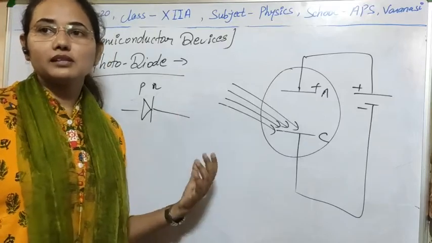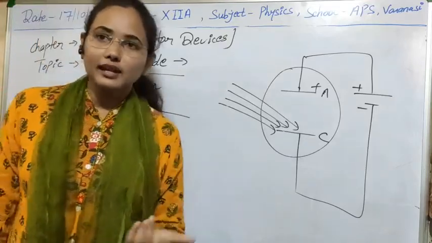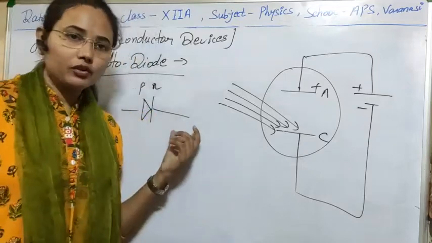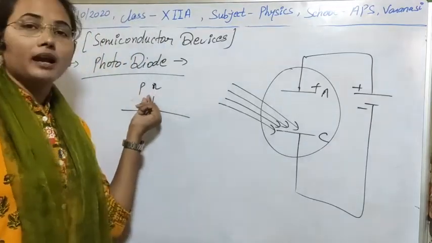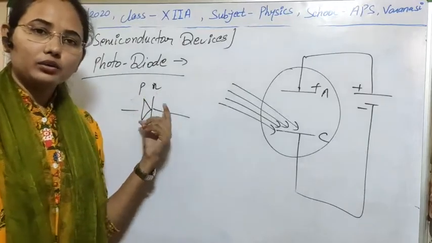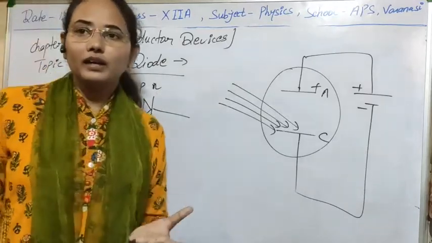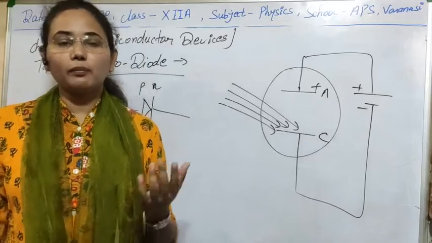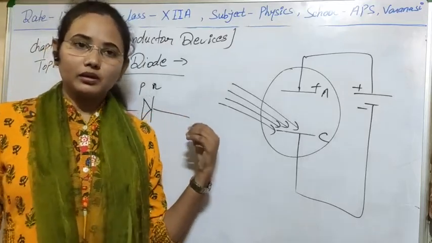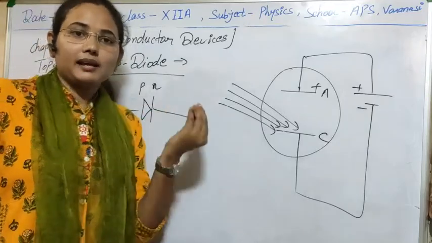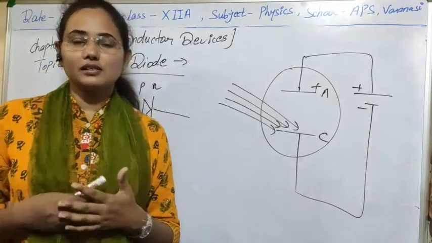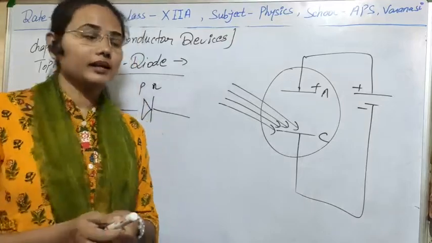In the case of the PN junction diode and Zener diode, we used an electrical supply, but in the case of the photodiode, in place of an electrical supply we use light energy, a light supply, and due to that we try to overcome the effect of the depletion region or junction potential. When energy is added from outside, the charge carriers cross the junction and recombine and give some current in the circuit.